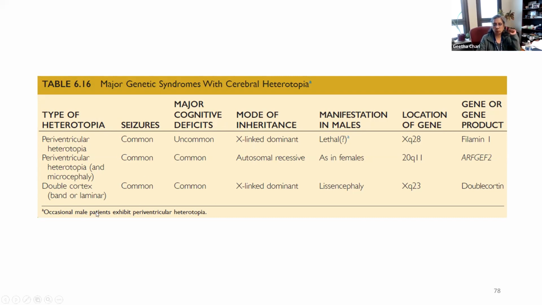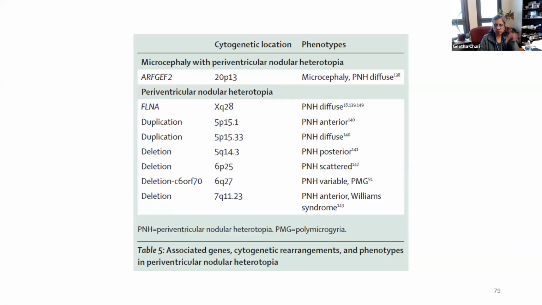It can be associated with double cortex, which will be a much more severe malformation. But isolated periventricular nodular heterotopia can be associated with X-linked, which is the most common one, or it can be associated with chromosome 5, 6, or 7 defects, depending on where the problem arises. So like I said, the most common manifestation tends to be epilepsy in these patients.